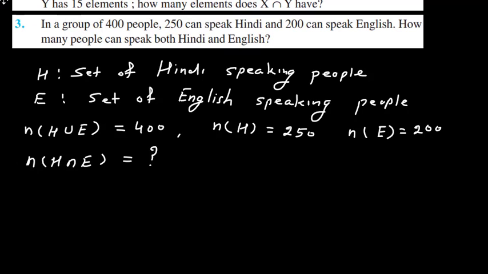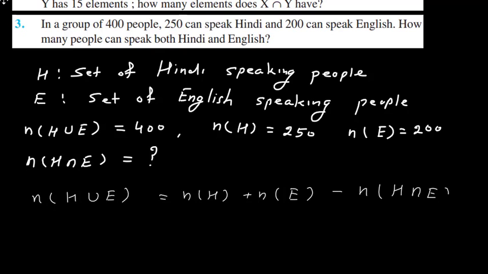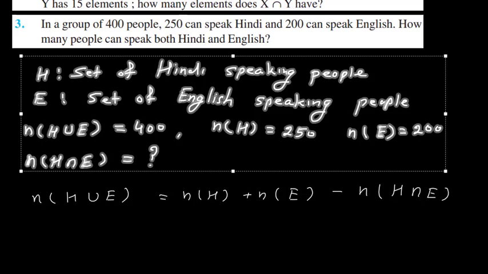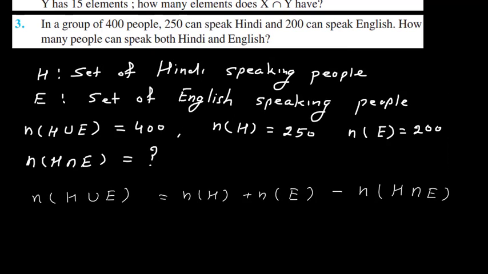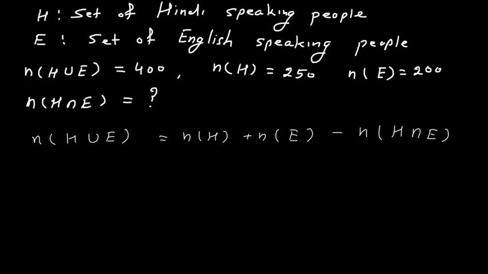We have the number of Hindi speaking people union English speaking people is equal to number of H plus number of E minus number of H intersection E. So the number of H union E is 400.